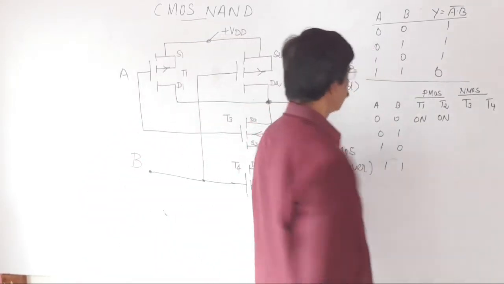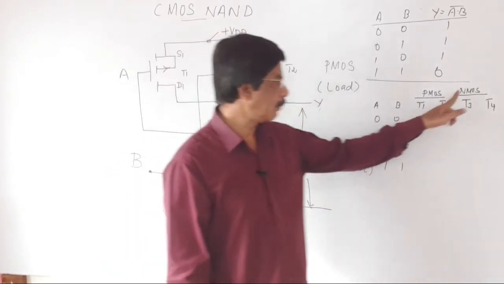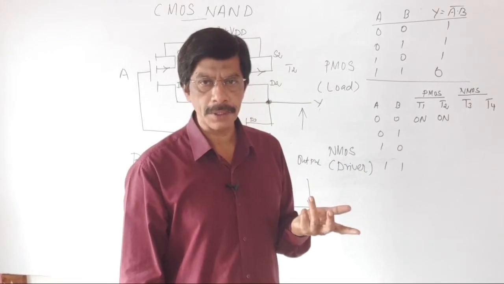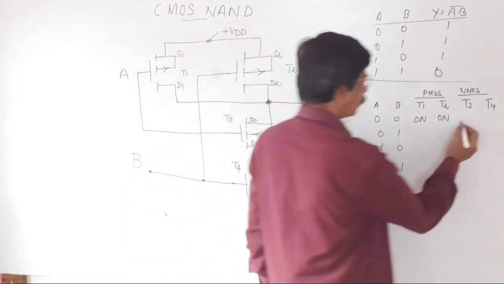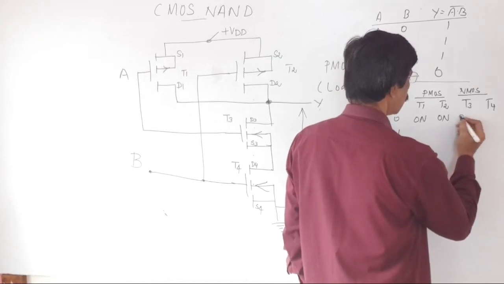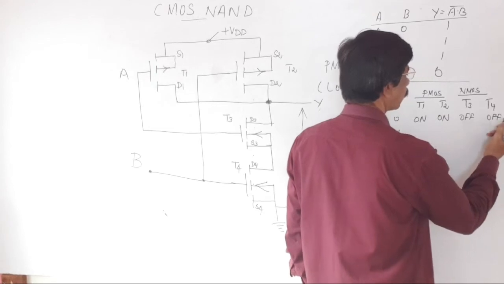T3 and T4, the NMOS transistors for inputs A and B, are in the off condition. The input is 0, so the NMOS transistor is off.